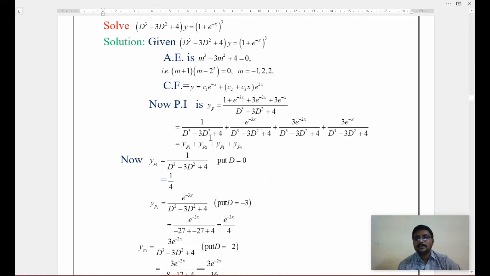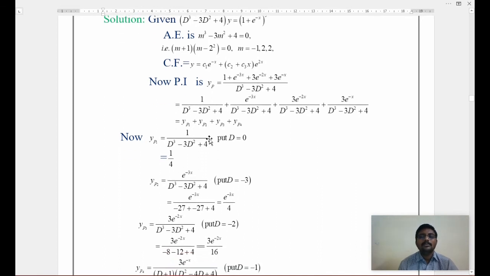It is expanded by using the (a plus b) whole cube formula, that is a cube plus 3a square b plus 3ab square plus b cube. Using the formula we expand it, and then operate 1 by f of D on these expressions, so that we get four particular integrals: yp1, yp2, yp3, yp4.